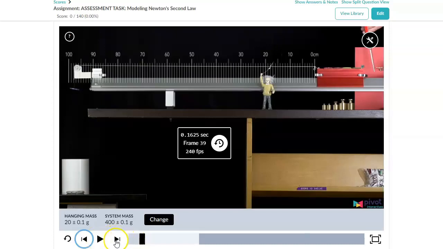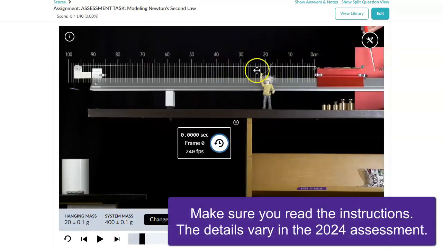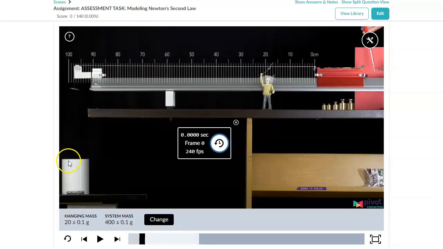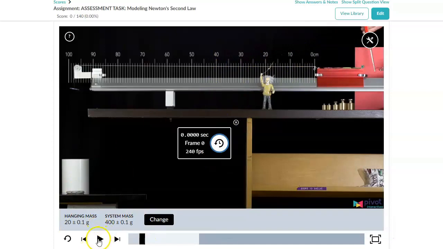Okay, so I'd say here, and then I'm going to reset my timer. We've already worked it out, so we're going to run it over a distance of 25 centimeters because this only has a certain distance before it hits here. So we'll run it over 25 centimeters.